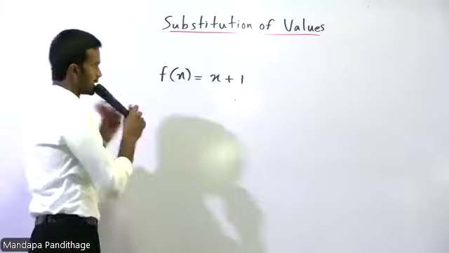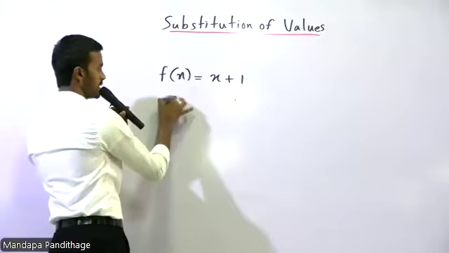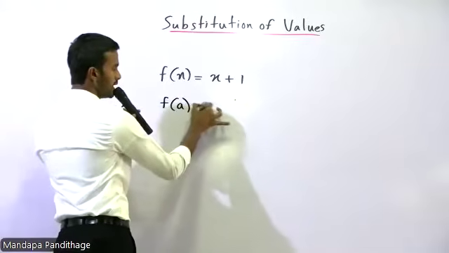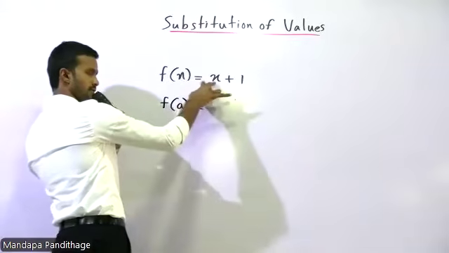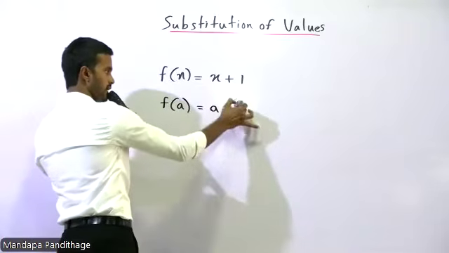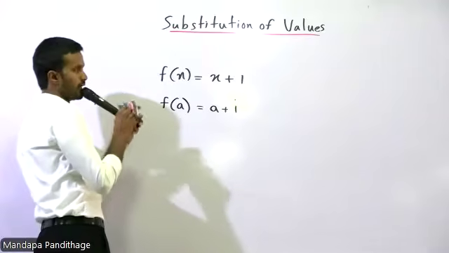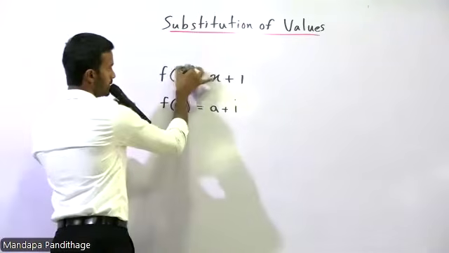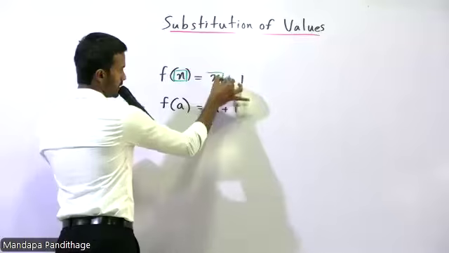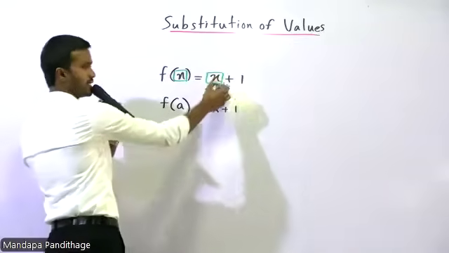So now let's say that this variable has been replaced by f(a). That means even this x should be replaced by a. So it's a plus 1. Whatever we have as the independent variable, 1 is added.